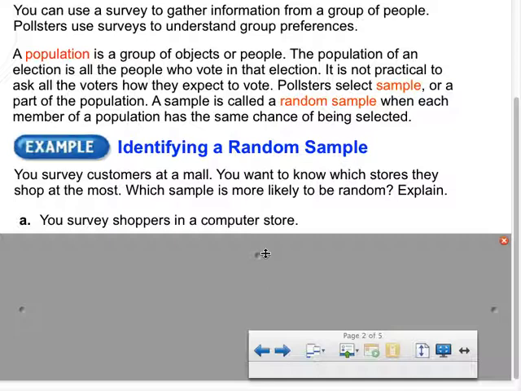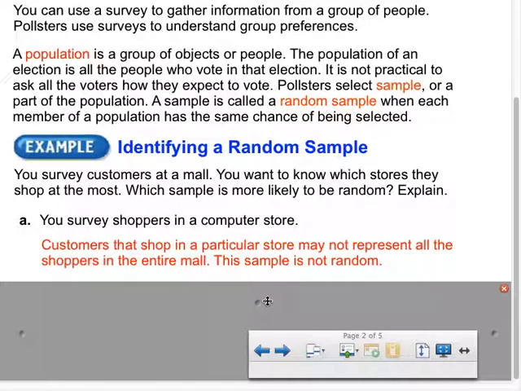Khadijah. Okay. Yeah, people shopping in a computer store might just be shopping at the computer store, right? So what about the people that don't shop at the computer store? You might have some people that don't even have a computer, right? So that is not a random sample.